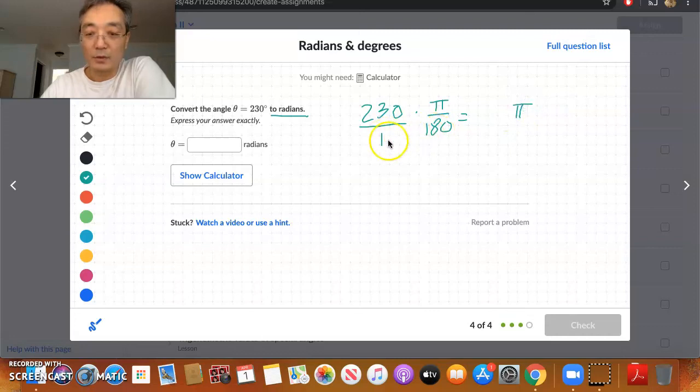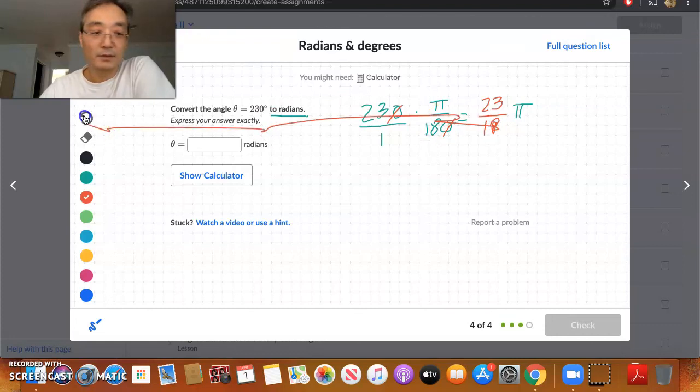There's no pi in the bottom to cancel it out, so the pi is going to stay. We can divide 230 by 10, and we can divide 180 by 10. 23 is a prime number, so it doesn't share any factors with 18. So our final answer is just going to be 23 pi over 18.